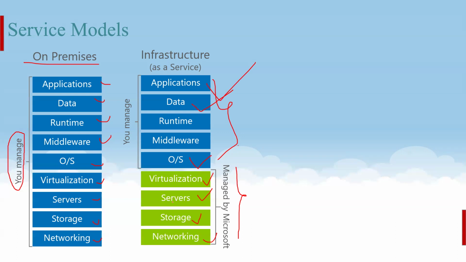So half of the thing is taken care of by your cloud providers, and our focus will be only data and application. We need not worry about the rest. Everything else will be taken care of by your cloud providers, which can be Microsoft, AWS, Google Cloud, or Alibaba Cloud.